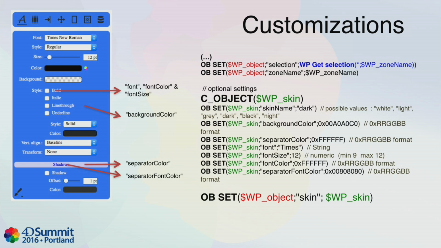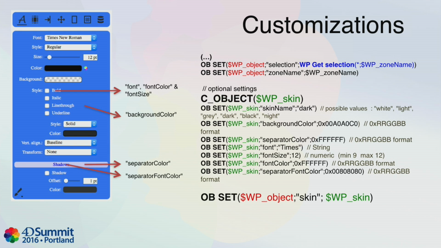For instance, if you want just to modify the font, you just have to say OB SET in my skin, font times, just like in the middle. Here, I think you can see it. But you can also define a skin name, background color, separator font, separator color, font size, whatever you want. You can set all of them or only one if you're okay with one.